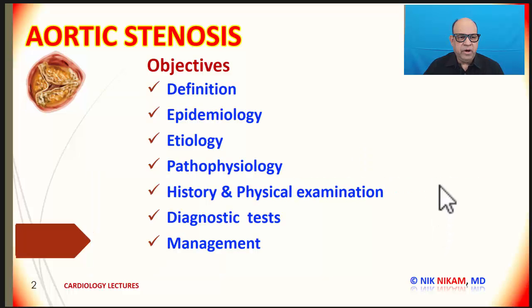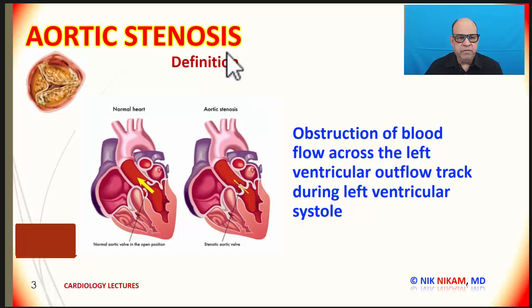The objectives of this presentation include a definition of aortic stenosis, epidemiology, etiology, pathophysiology, history and physical examination, diagnostic tests, and management. Definition. The definition of aortic stenosis is obstruction of blood flow across the left ventricular outflow tract during left ventricular systole.